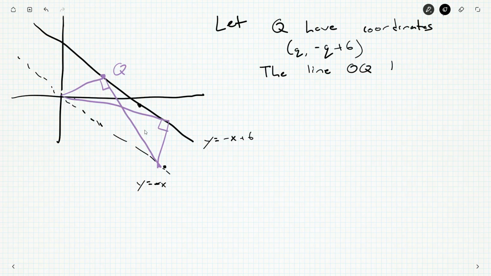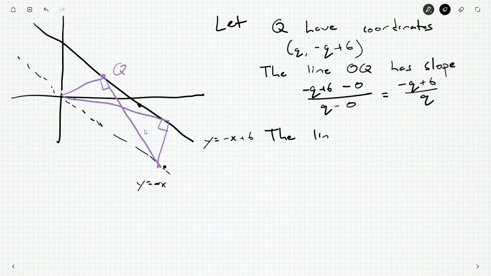So the line OQ has equation... Actually, we don't even need the equation. We just need the slope. So that might help us out. It has slope rise over run. So that's just negative Q plus 6 over Q. Not particularly interesting.